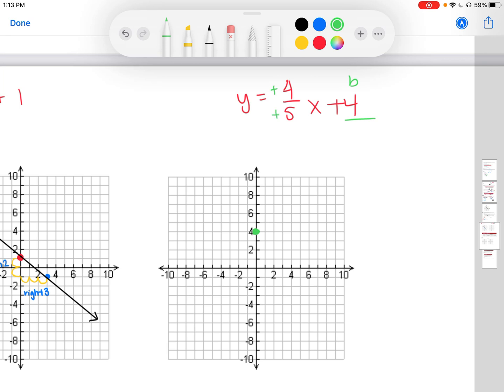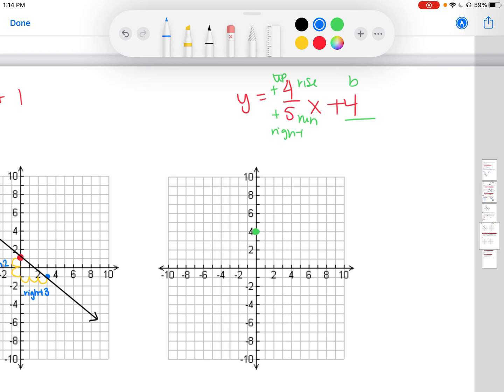So I'm going to go to the right 4 and then go down 5. I'm sorry, up 5. And I said that backwards. I need to write rise over run. Rise over your run. So this means I'm going to go up 4 and to the right 5.